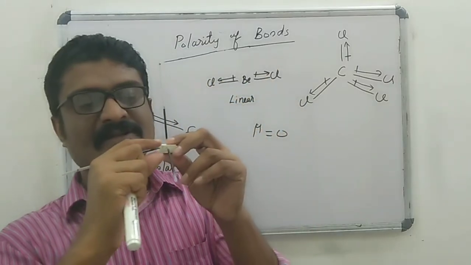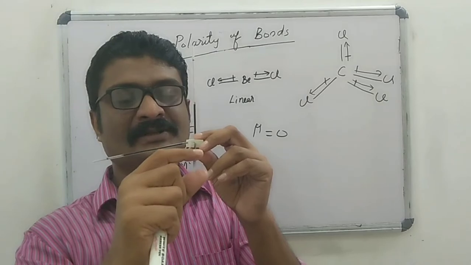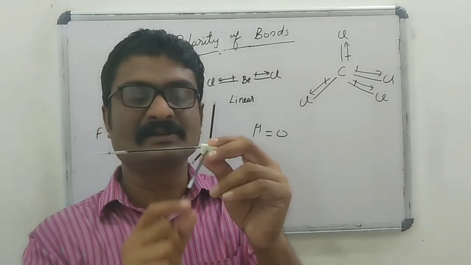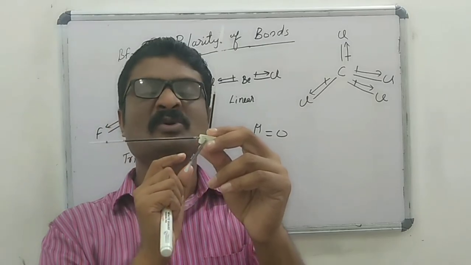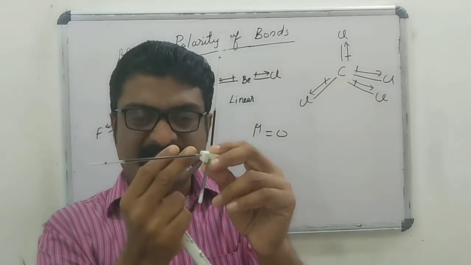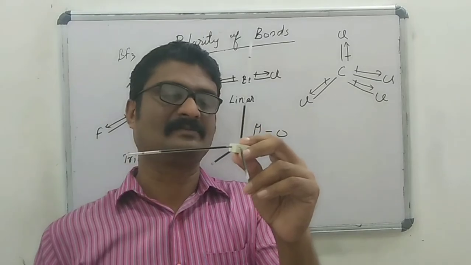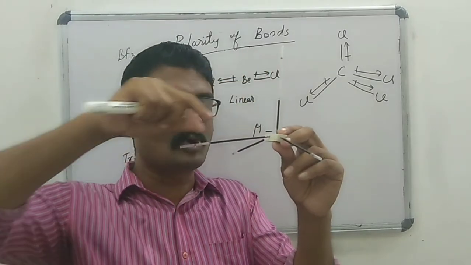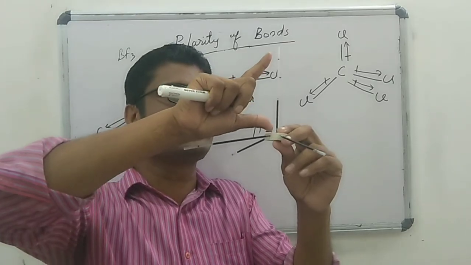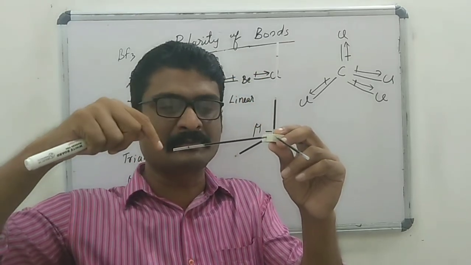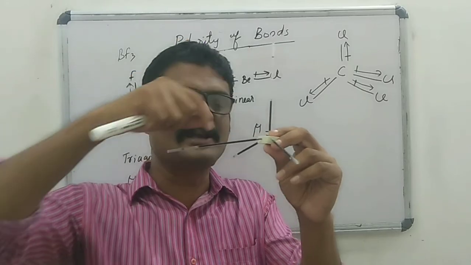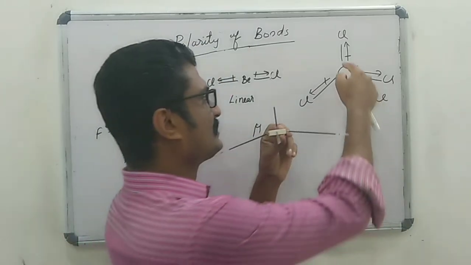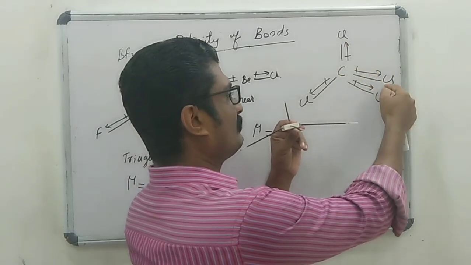We know this carbon chlorine bond points towards the observer, and this carbon chlorine bond lies away from the observer. Here, this carbon chlorine bond moment and this carbon chlorine bond moment, which lie in the same plane, cancel each other, like this carbon chlorine bond and this carbon chlorine bond.